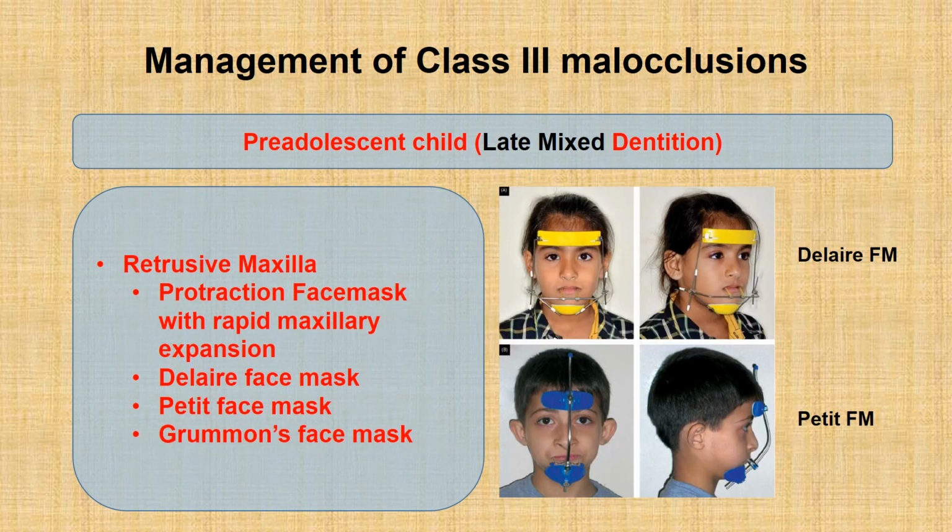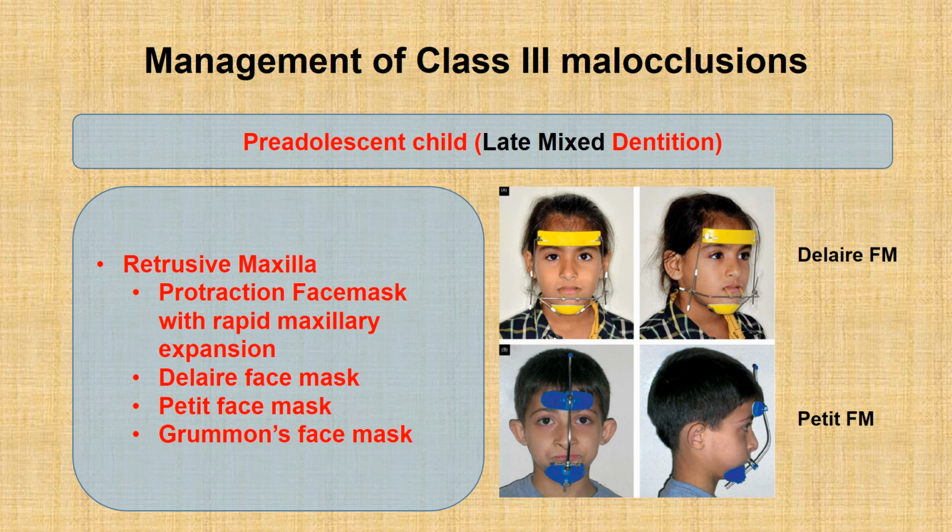Okay, in the late mixed dentition, we could use a protraction face mask to correct a retrusive maxilla. We can use a protraction face mask combined with rapid maxillary expansion, because we must remember that when we say the maxilla is small, it is not just in the AP direction but also small in the transverse plane.